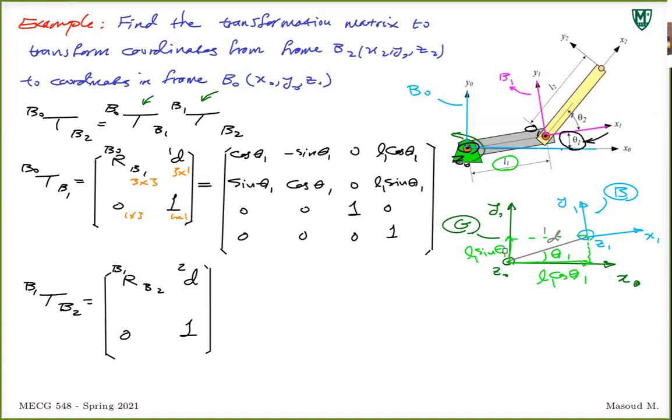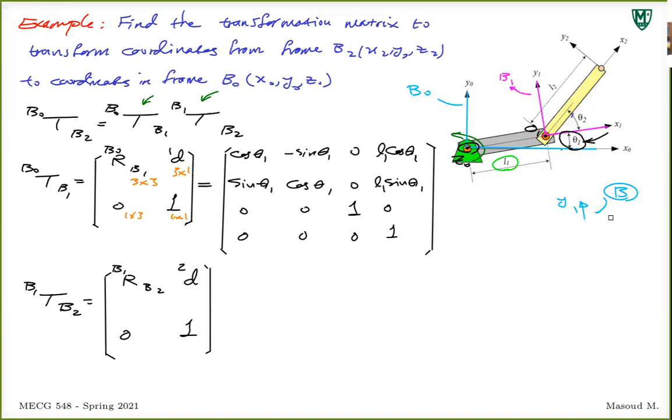Again, this is the same idea of body frame and global coordinate frame. We are just going from one body to global to another body to global. We can always think about it this way. Now you have your X1 and Y1, and the next frame would be X2 and Y2.